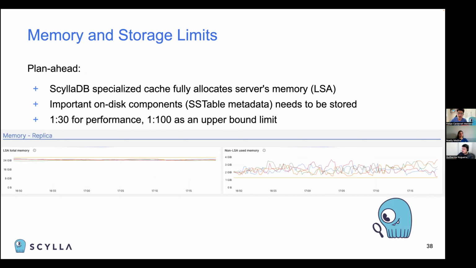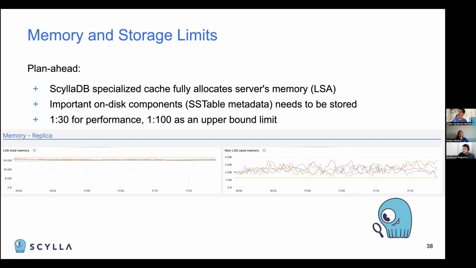Another important consideration when we are talking about managing hundreds of terabytes or even petabytes of data has to do with how much data your database can store. And the thing is, every database has a limit, and with ScyllaDB, this is no different. We also have a limit.